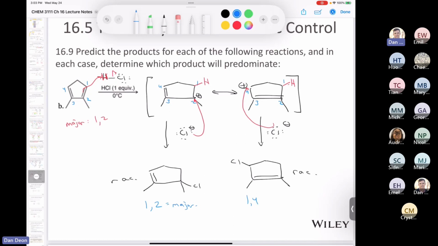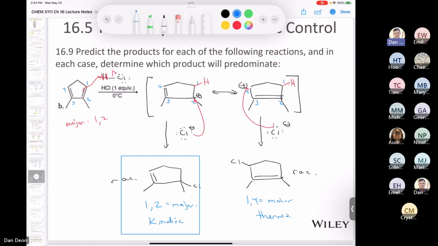And this is the 1,4. So this will be my minor product, right? This is the kinetic product. This is the thermodynamic product. So the kinetic product is going to be the major product in this case. All righty, does that help a little bit? Everybody just kind of like, yeah, I get it now. Okay, cool. Yeah, there you go.